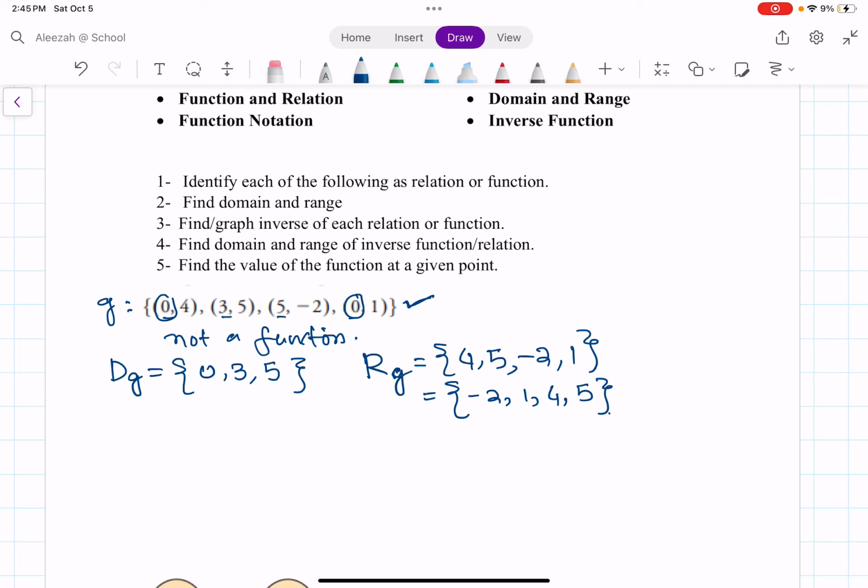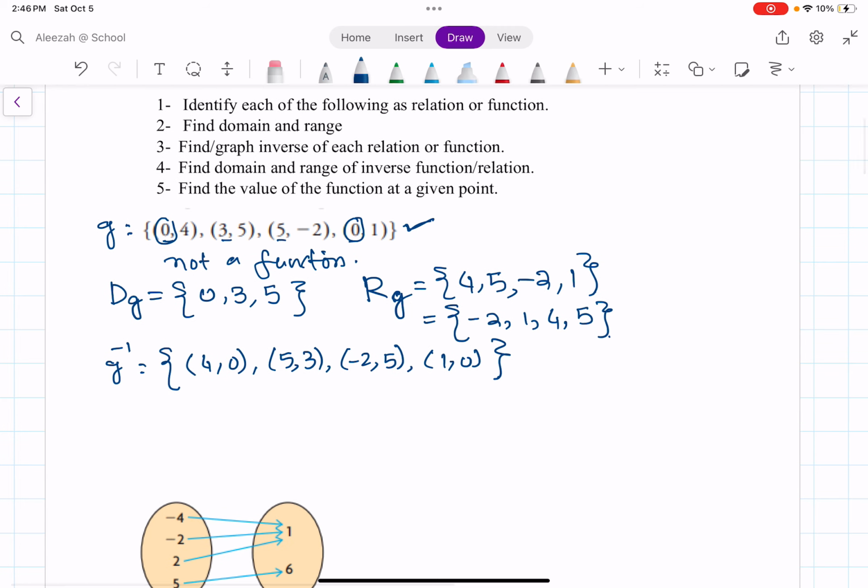Secondly, I have to find the inverse of that relation. So I'll find G inverse. For G inverse, I will switch the coordinates. So the first coordinate will become 4, 0, then 5, 3, -2, 5, and 1, 0. And I have to check whether this represents a relation or a function.